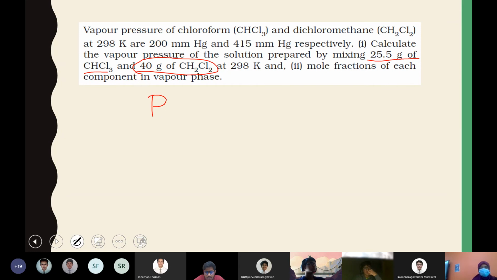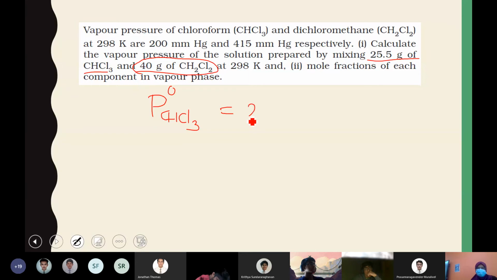So the partial pressure of pure chloroform, CHCl3, p0, is what is given in the question. What is that value? It is 200, right?